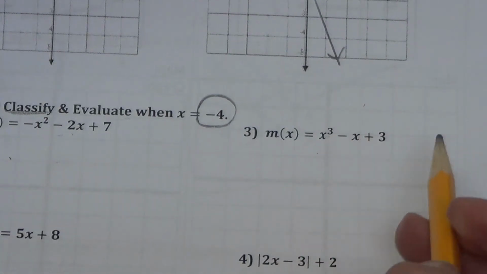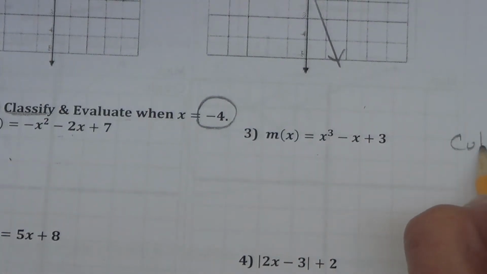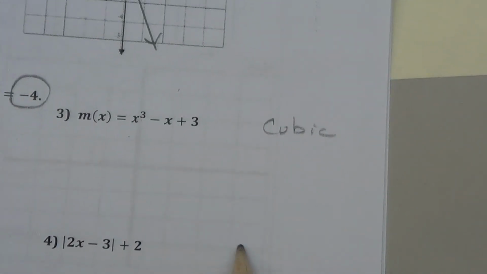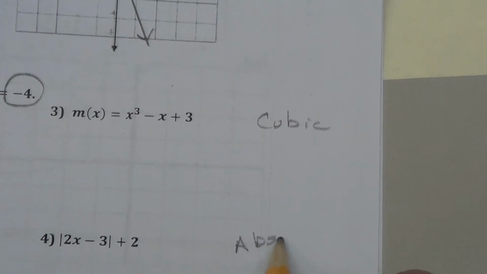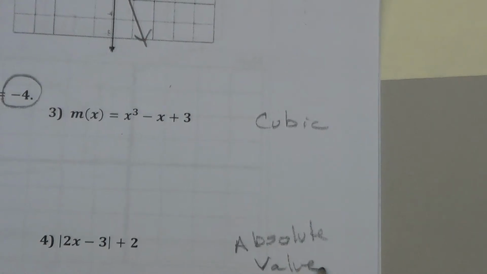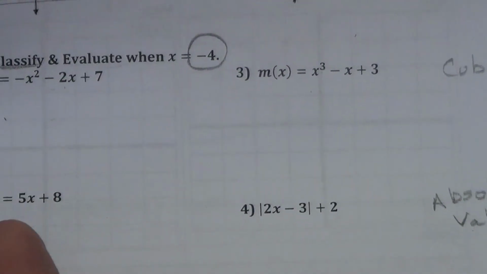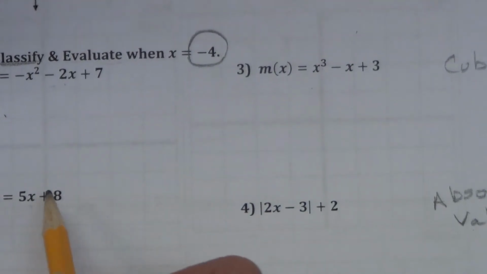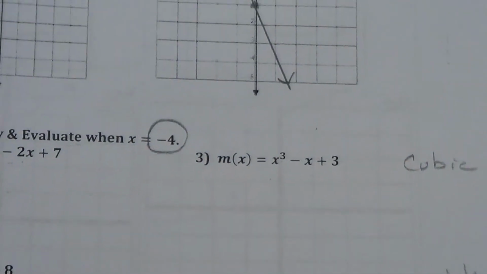This has an x to the cube, so it's a cubic. This is an absolute value because of the absolute value symbols. This is linear because of the x there. And that should about do it.